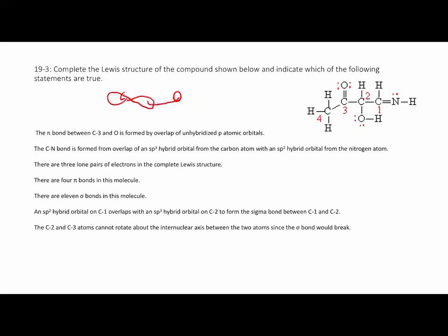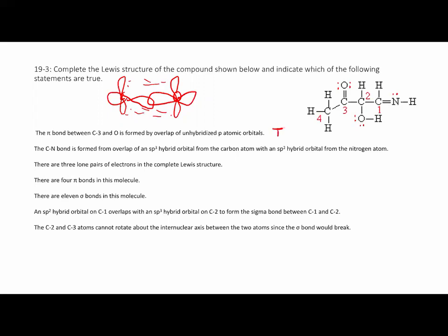In this case, it's formed by the overlap of sp2 orbitals, where the electron pair is located directly between the atoms, and also consists of one pi bond, where the shared pair occupies the space above and below the sigma bond, and that is formed by the unhybridized p atomic orbitals. So that is why it's true.